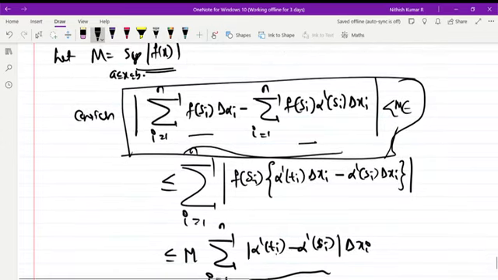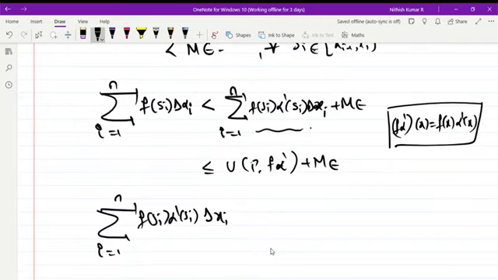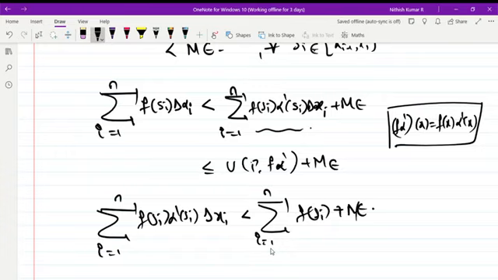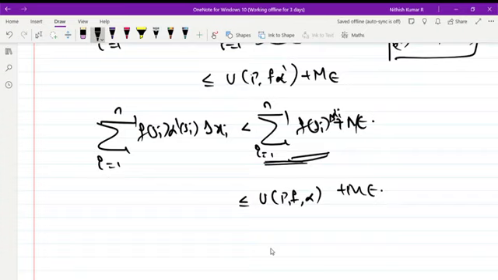Now using this same expression, once again we are considering this. So it is less than the summation i equals 1 to n of f of si into delta alpha i plus M into epsilon. So again, this is nothing but less than or equal to U(P, f, alpha) plus M into epsilon.